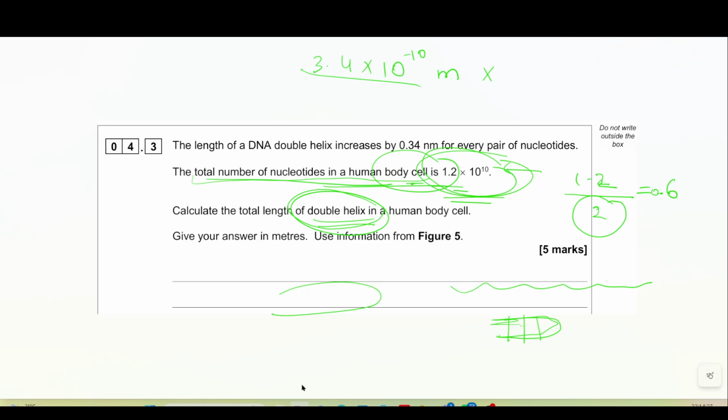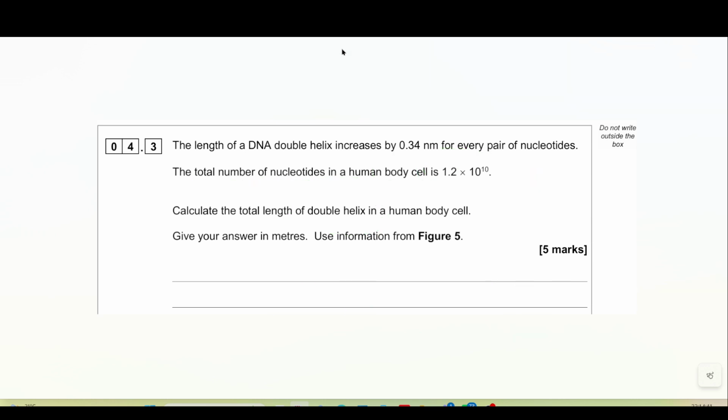So the number of nucleotides is two times what the double helix is. We have to divide this by 2 because this is for one, and if we divide, the length will become half.